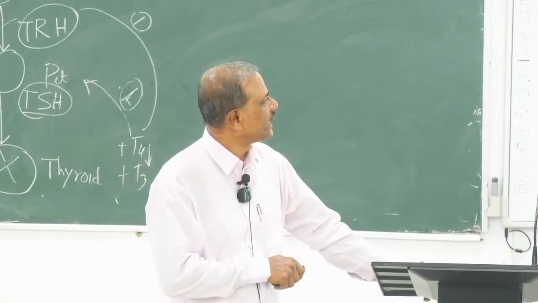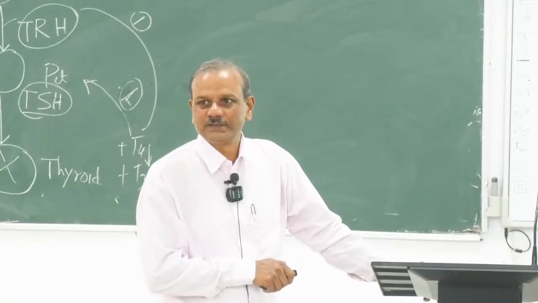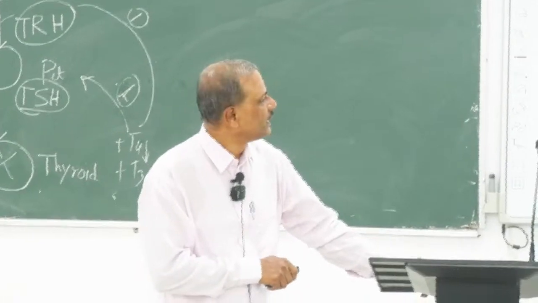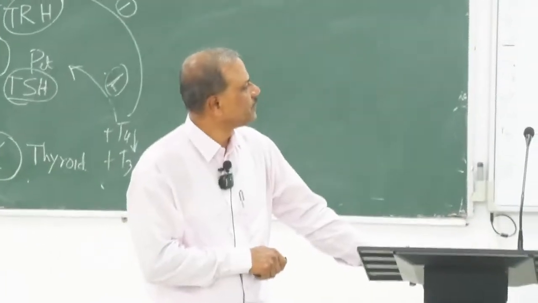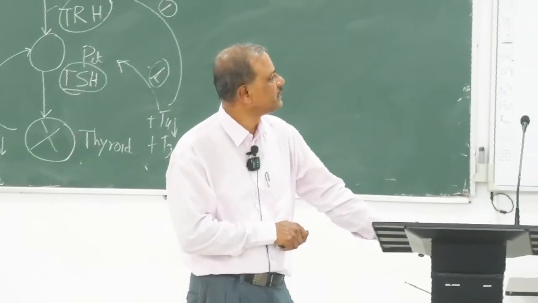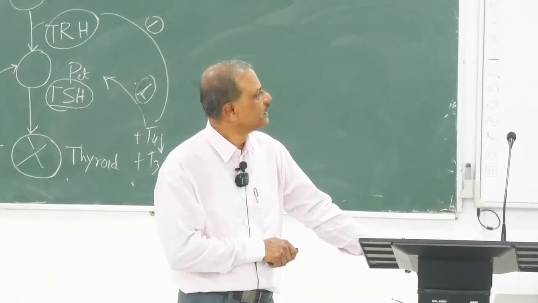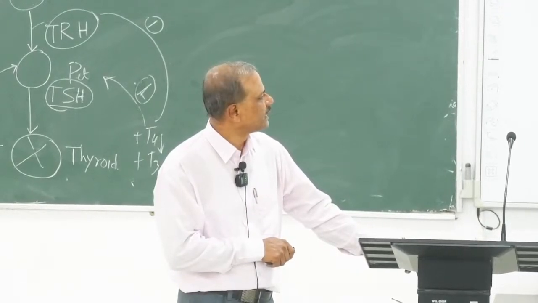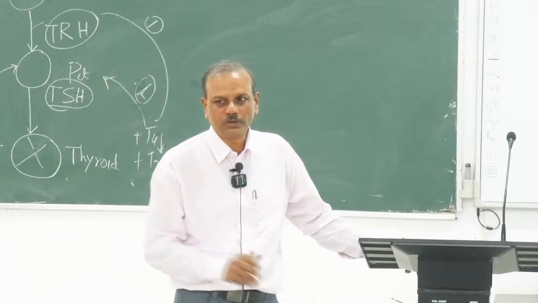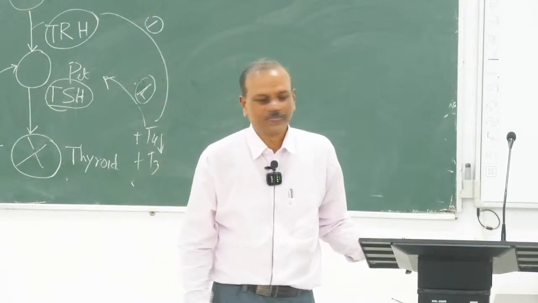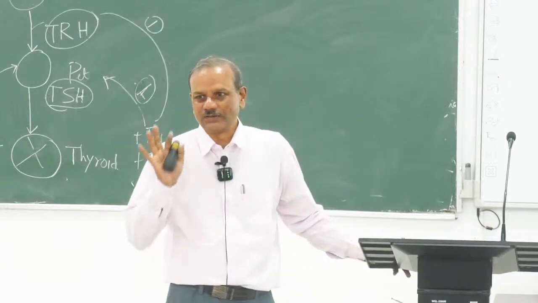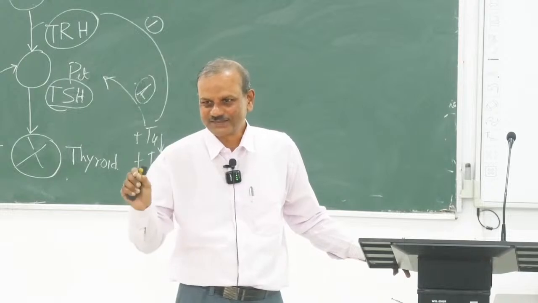A 21-year-old lady presented with goiter, meaning thyroid abnormality. After investigation, the following were found: serum T3 0.9, within normal range, T4 is 1.8, TSH is 118, anti-TPO antibody is positive. What is your diagnosis? 2 marks.